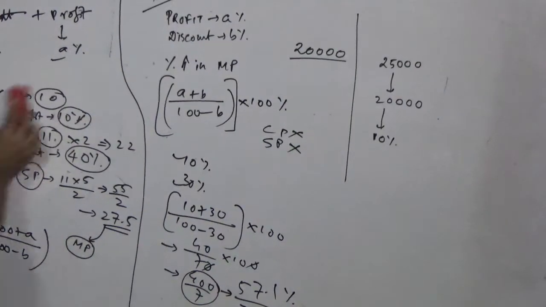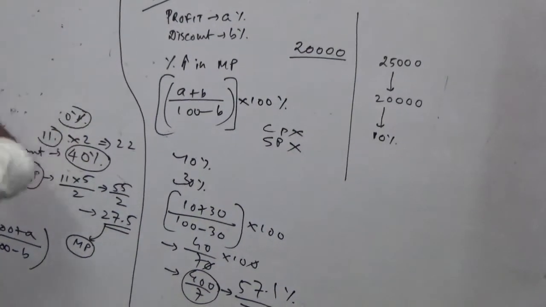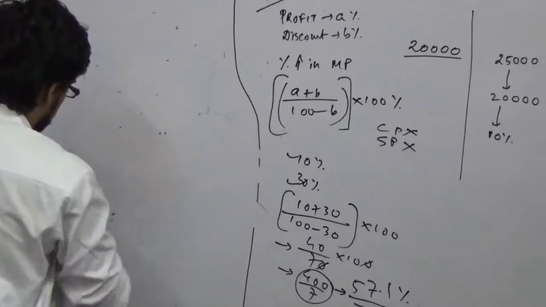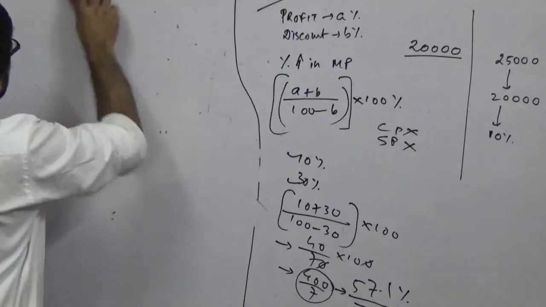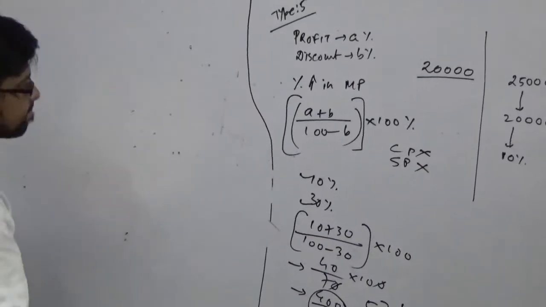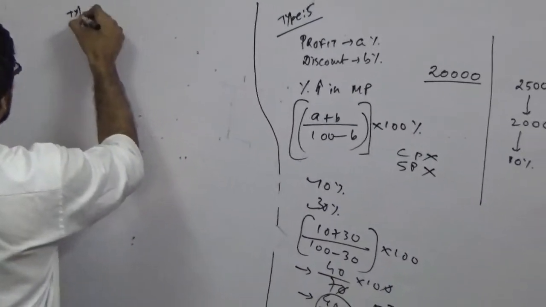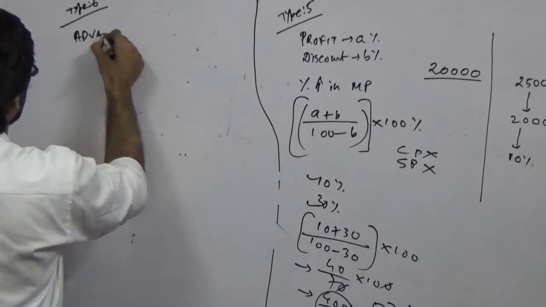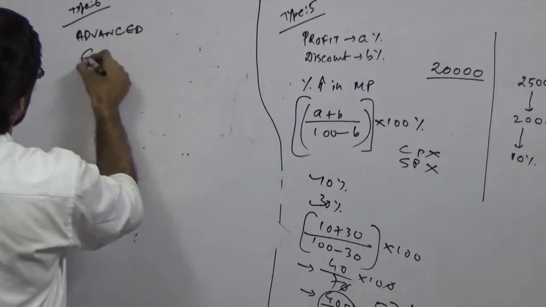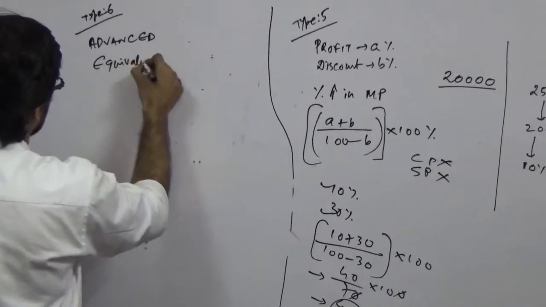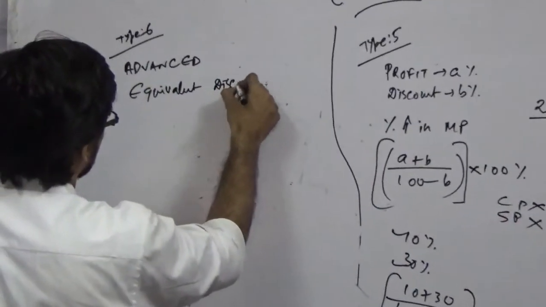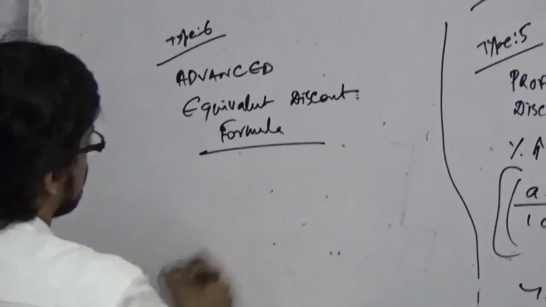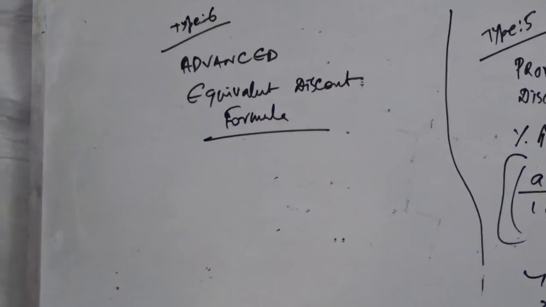Type 6 is the advanced equivalent discount formula. What is that?